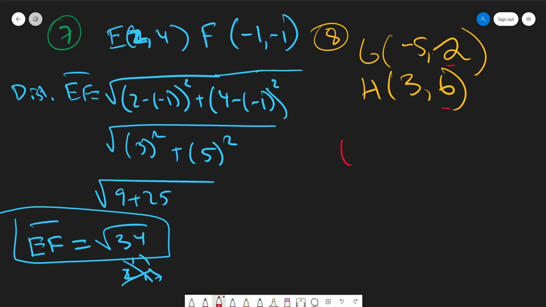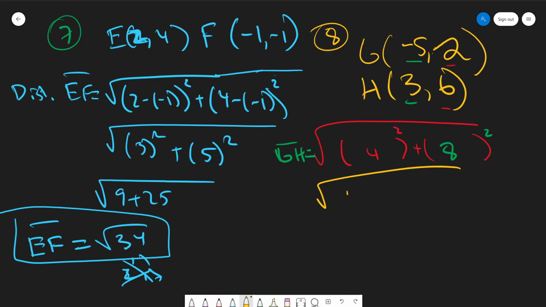How far is it from 2 to 6? It is 4. And how far is it from 3 to -5? Well, that is 8. So that's how I'm going to find this distance, just by looking at the vertical and horizontal components. So that's going to give me a 16 plus a 64.